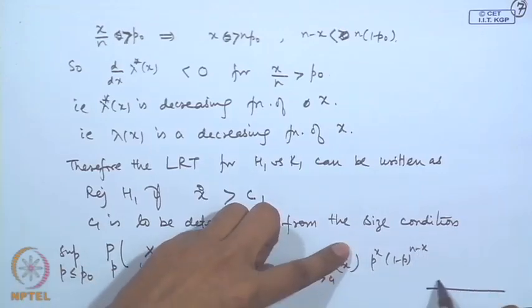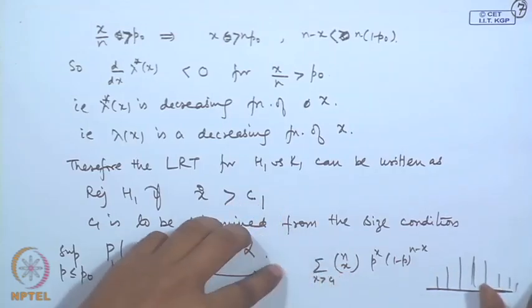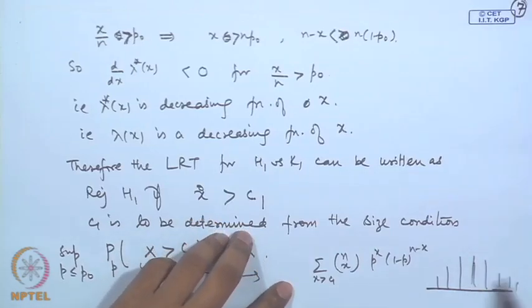If you plot the binomial probabilities, the behavior is like this. Now, we are looking at the right tail. Now, right tail corresponds to higher number of successes.